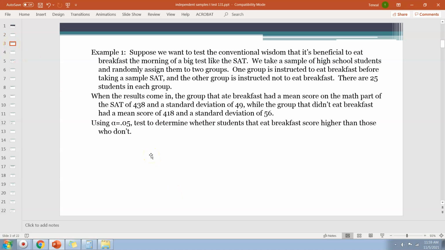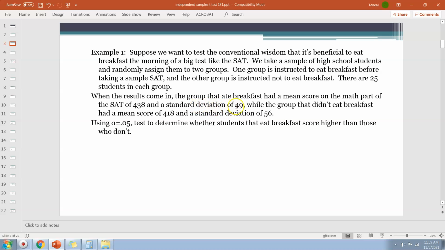So here's an example. We've got two groups of high school students who are going to take the SAT, 25 in each group. One of the groups is going to eat breakfast before taking the test, and the other one is not going to eat breakfast.